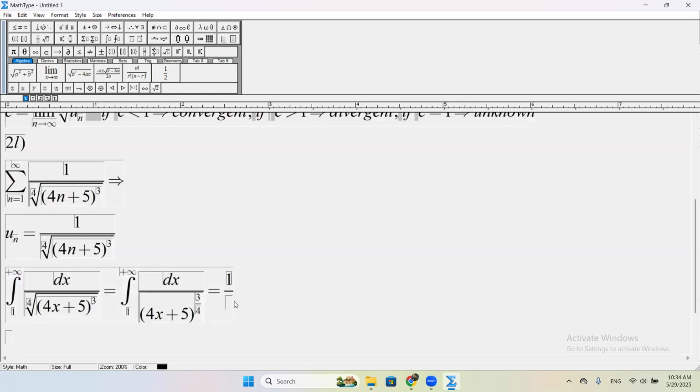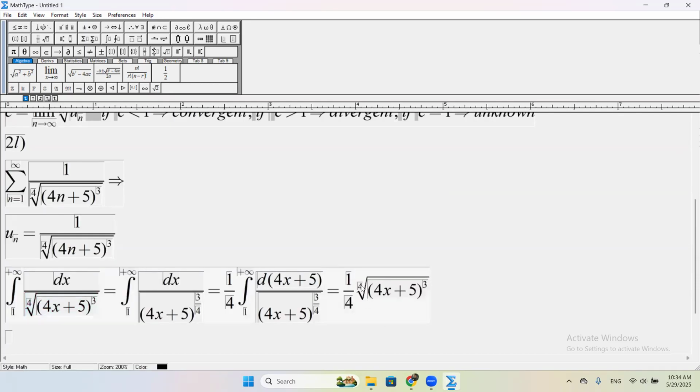Then, using the differential sign technique, having the following antiderivative, it will be the root of power 4, multiplied by 4.